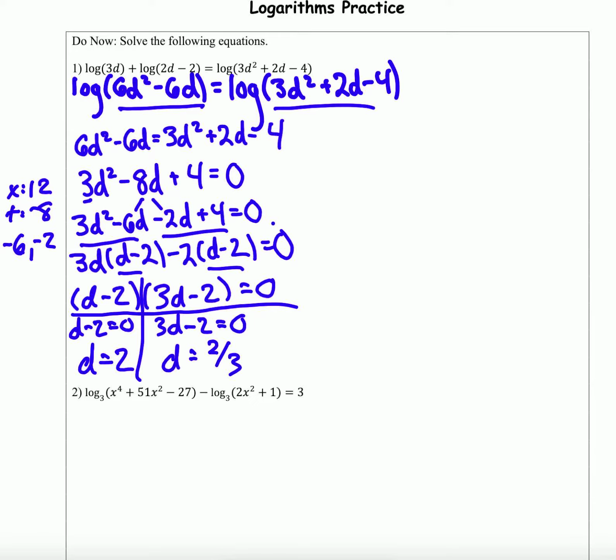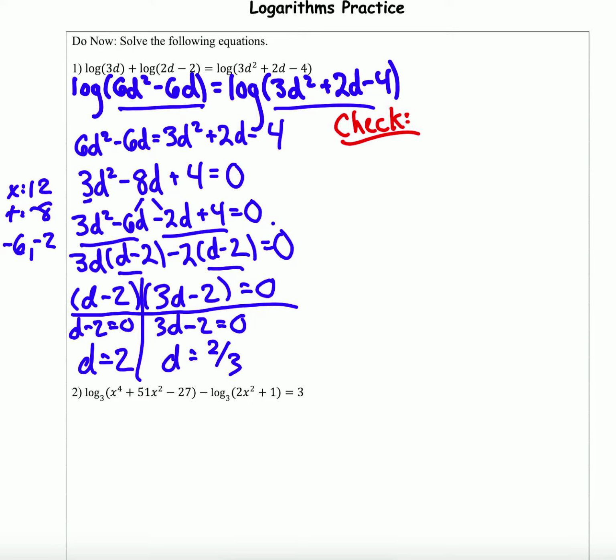Don't circle it. We need to check to see if we're actually correct. So let's go off to the right side and let's check. Make sure you always check your answers for logarithmic equations. So I'm going to plug that in. I'm going to plug 2 in first. And we have to plug it in to which equation?